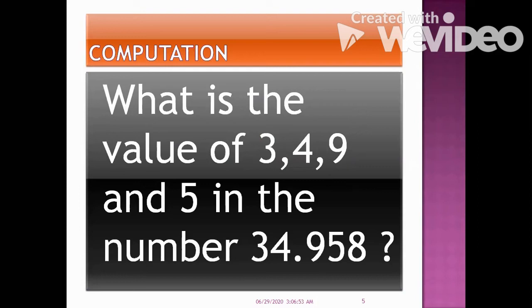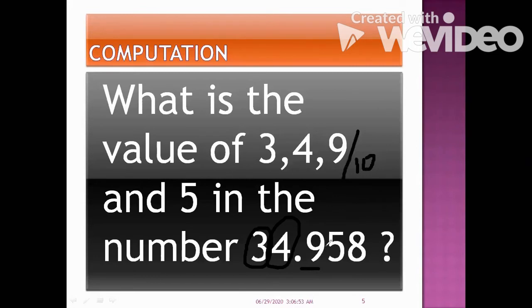From primary school, we know that this 4 here is 4 ones. And this 3 here is 3 tens. So the value of 3 is 3 tens, and the 4 is 4 ones. This 9 here, past the point, is 9 tenths.